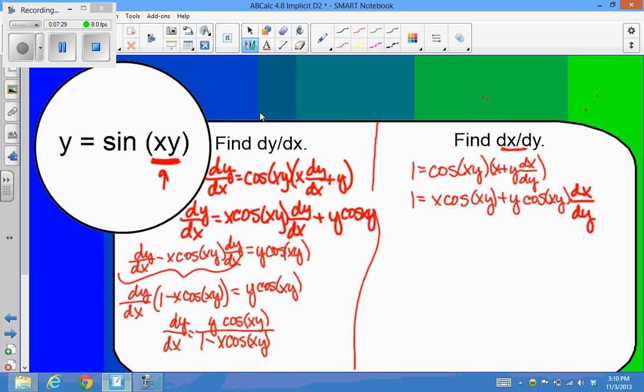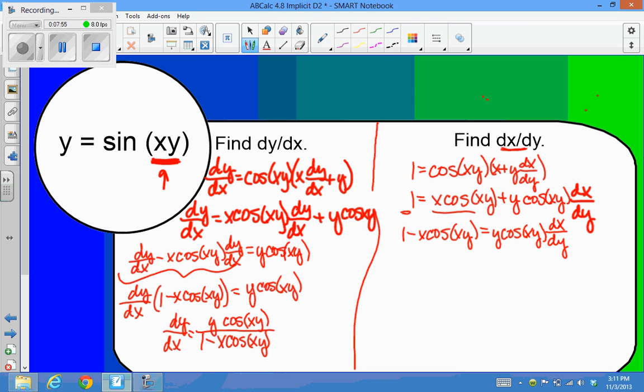So sorry. First two terms, my 1 and my x cosine xy, do not have dx/dy's with them, so put them on the same side. 1 minus x cosine of xy equals y cosine xy dx/dy.